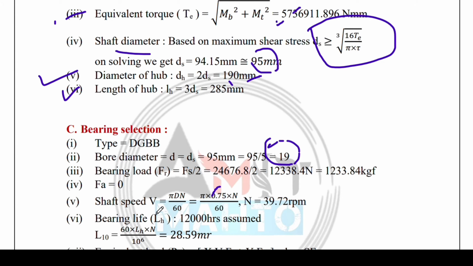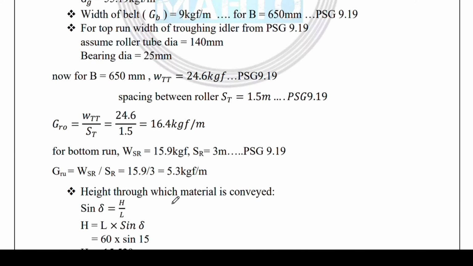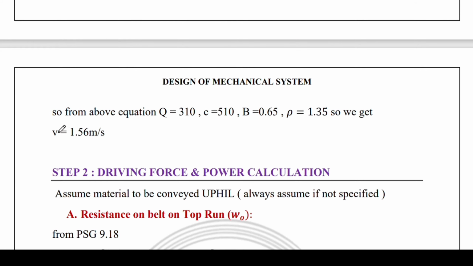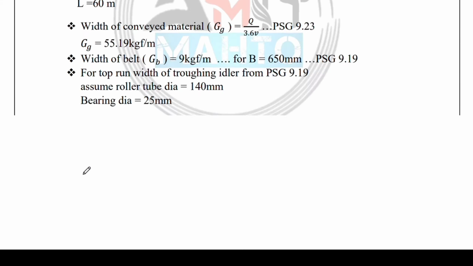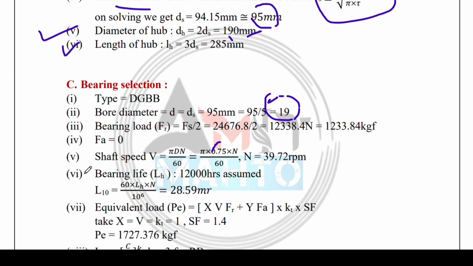The value of V you got in step number 1, which is 1.56 meter per second. Put the value of V and get the speed of the shaft. N will be 39.72 rpm. This will be the speed of the shaft.